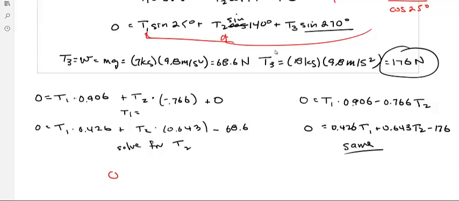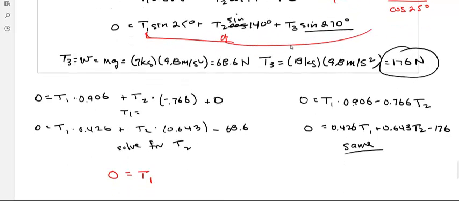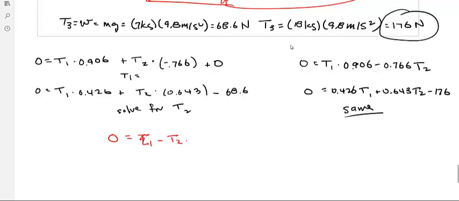So if I do that, I'll get 0 is equal to T1, and just write that down, negative T2 cosine of 140 over cosine of 25. So that's what T1 is equal to.